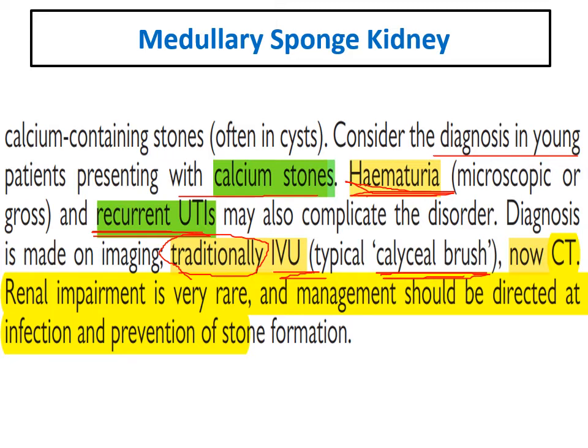But now the main imaging modality for diagnosis is CT. Renal impairment, as I said, is very rare, and management should be directed at infection and prevention of stone formation, especially with the use of potassium citrate.